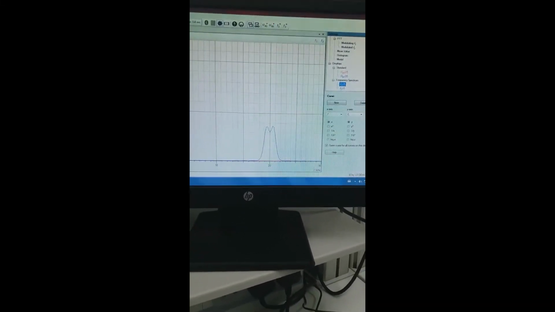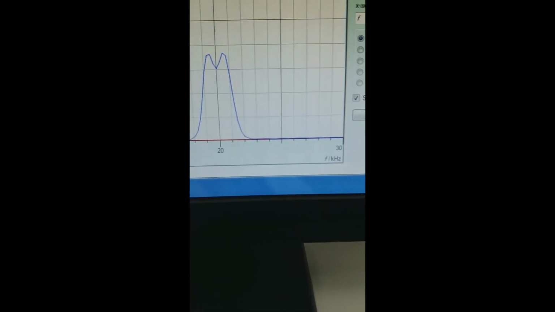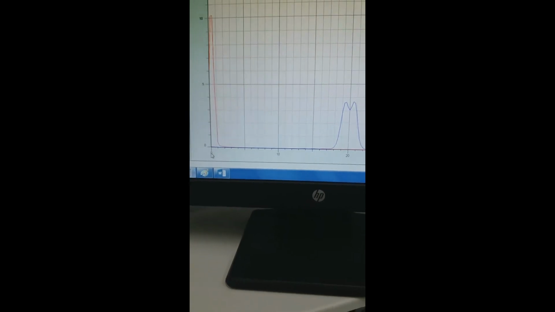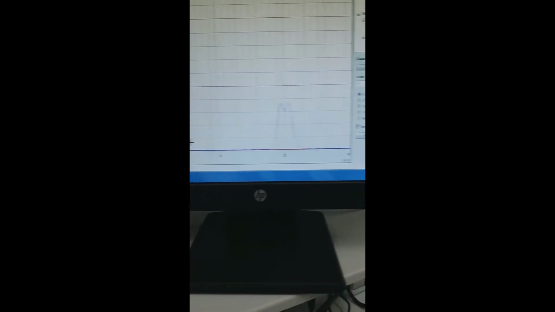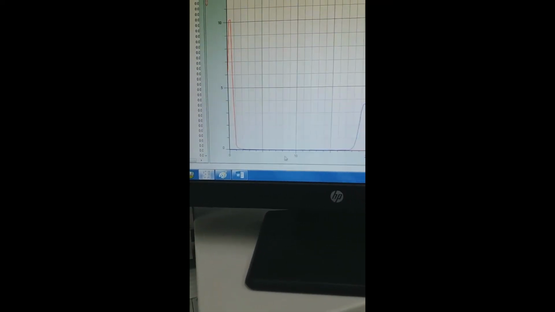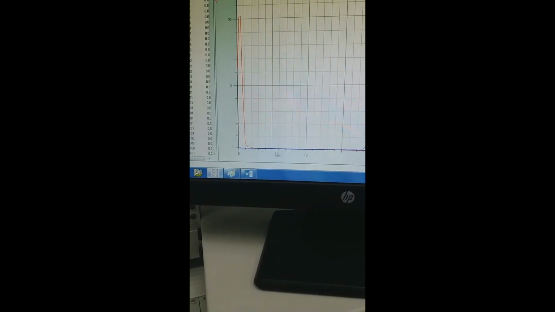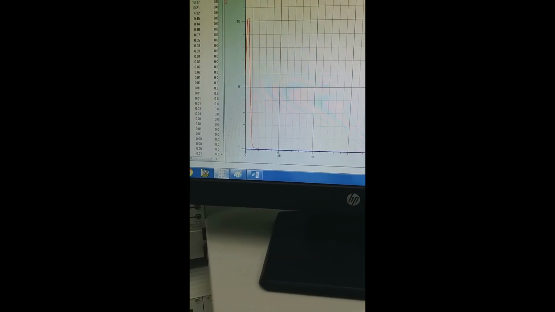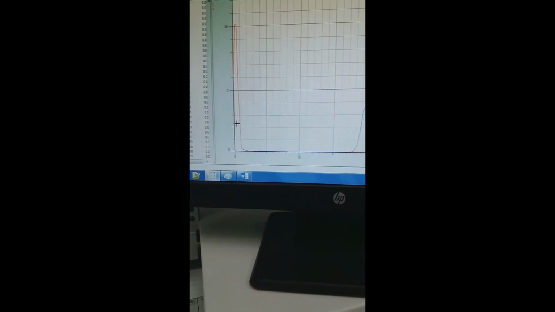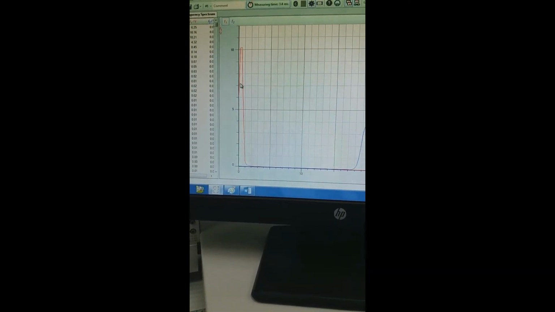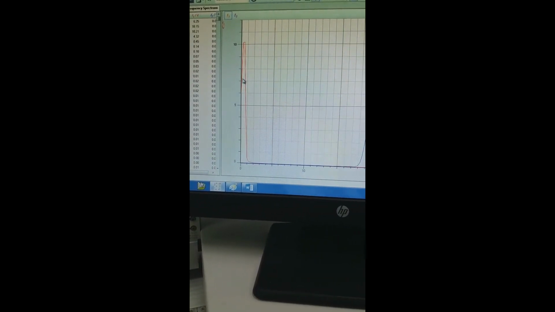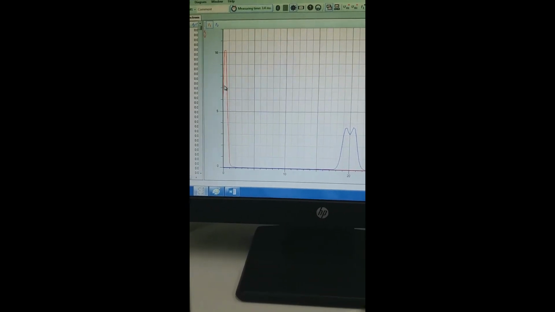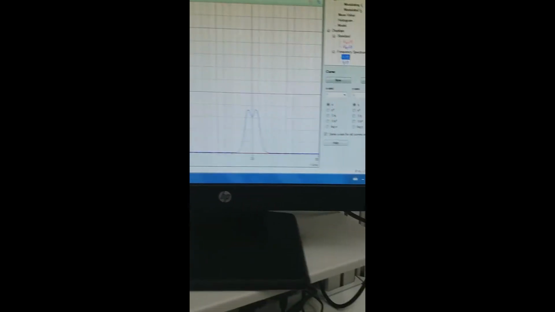The scale here is in kilohertz, and the frequency axis range is from 0 to 30 kilohertz. So this is 10 kilohertz, this is 1 kilohertz, and then this is about 300 hertz. So you see the amplitude spectrum of the modulating signal, the red curve, at 300 hertz.